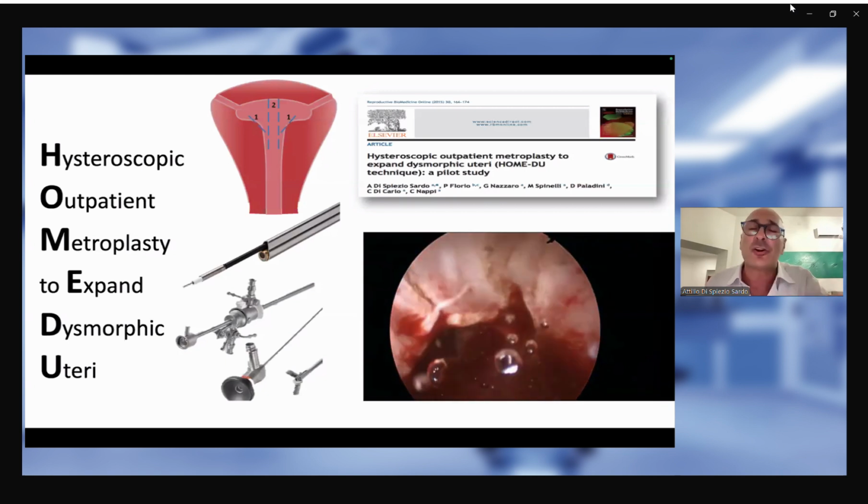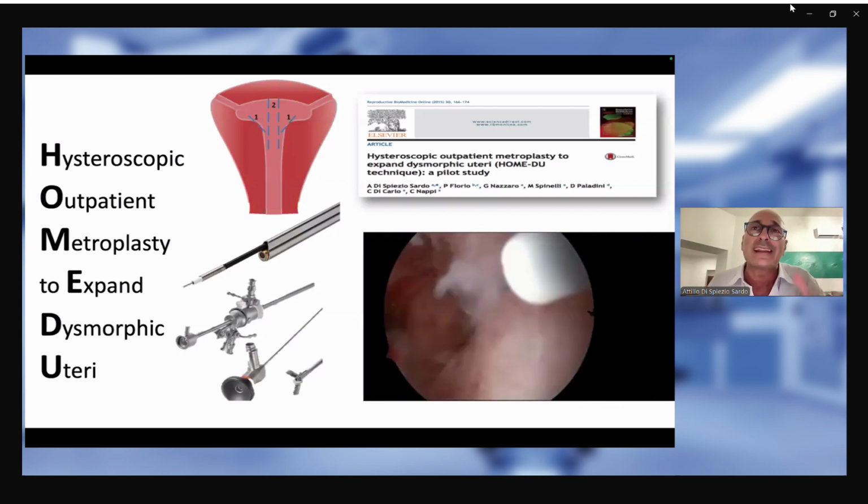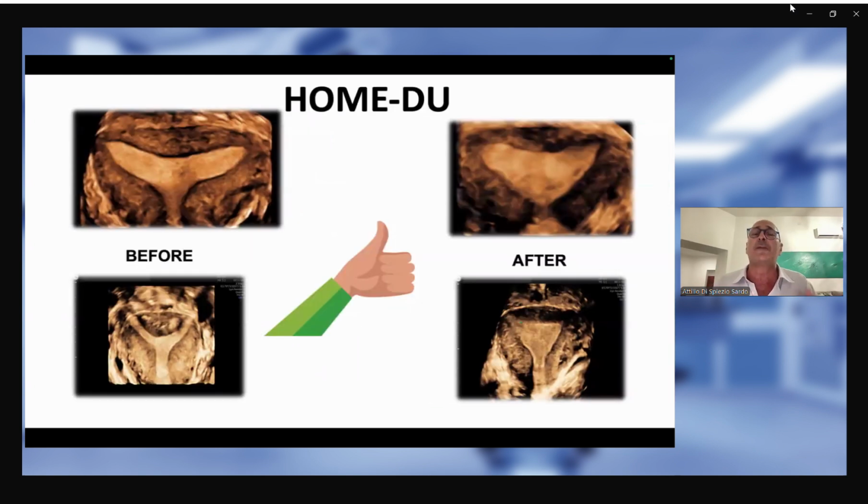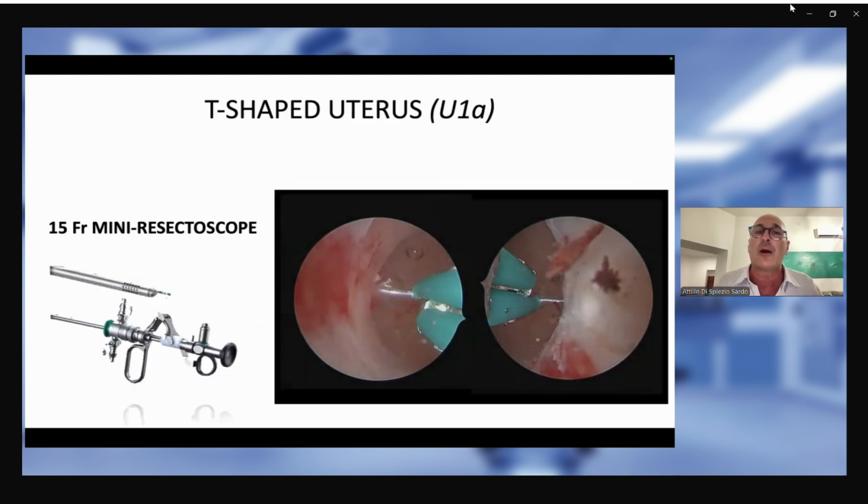But the merit of this paper is that after it, we saw a dramatic increase of scientific activity on this kind of uterus. So probably everyone who was trying to treat these anomalies, we knew that this anomaly was present, but we didn't know how to treat it. We saw even at 3D sonography that it was possible to dramatically improve the morphology of our uterus.